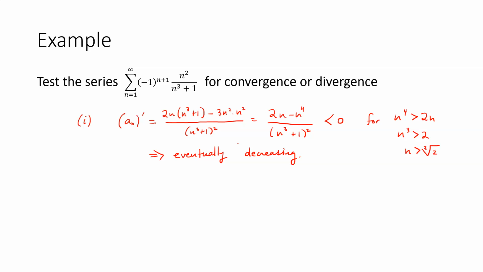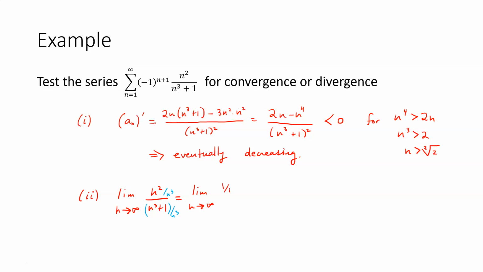And the second condition that we need to show is that the limit as n goes to infinity of the terms in absolute value, n squared over n cubed plus 1, is equal to 0. In this case, it's easy to show if I divide out the n cubed. Divide n cubed, and then divide the n cubed here.